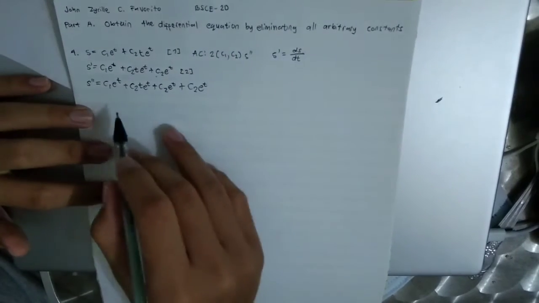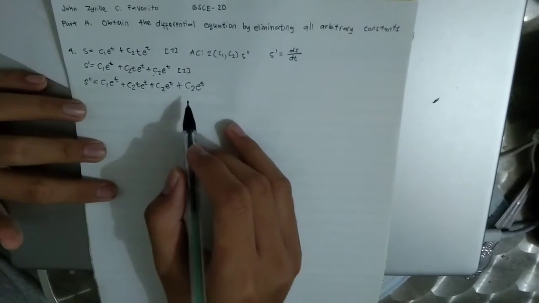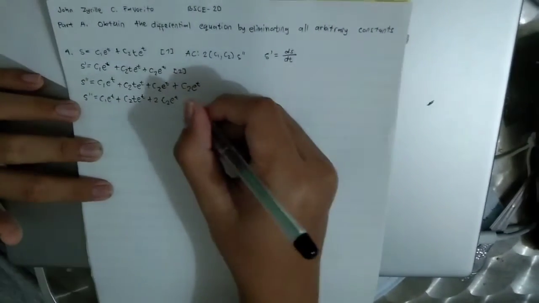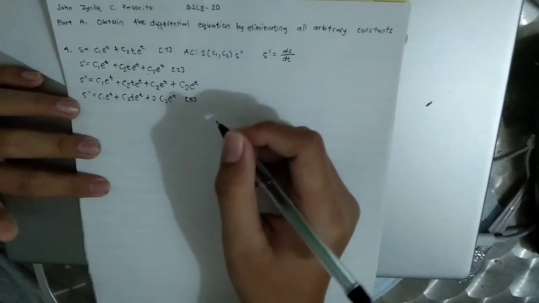And we can see that we can add the last two terms of this equation. So, and this is our third equation.